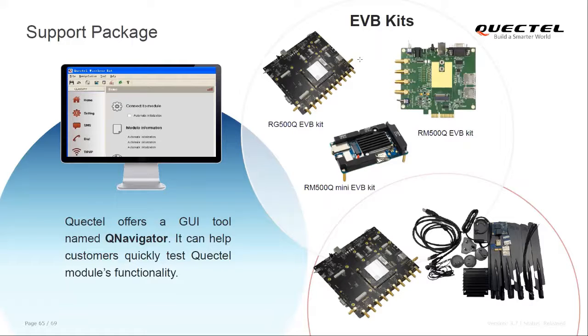Then we have the RM500 EVB kit, which fits the M.2 variants, and this can also be connected in servers or desktops that have a PCI interface. Or we also have a mini kit with such a module that has embedded antennas. So it's everything you need in a small form factor, the size of a credit card, and it has a USB-C interface.